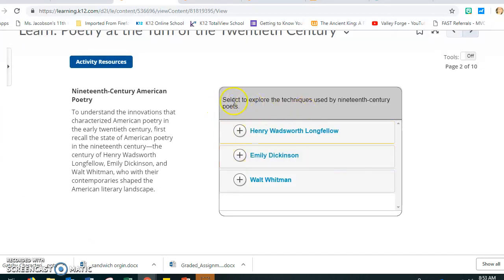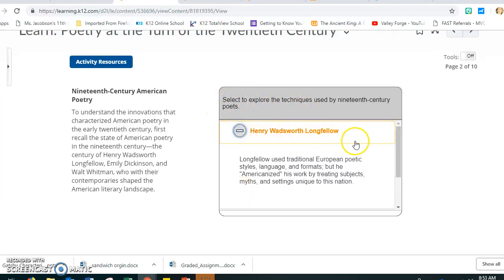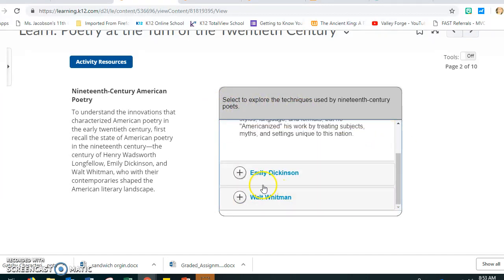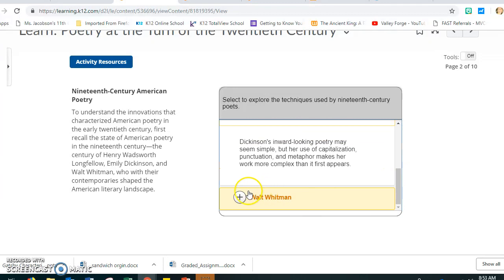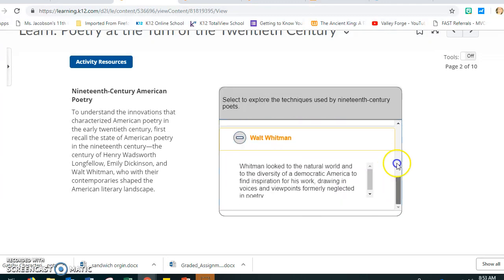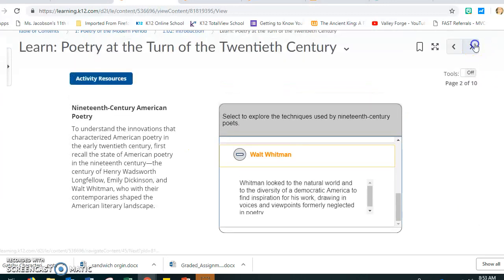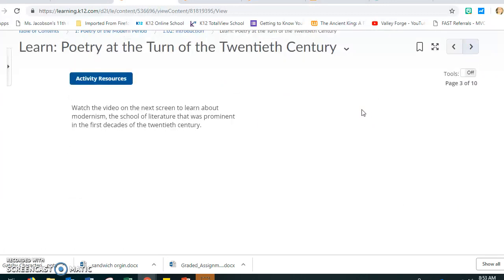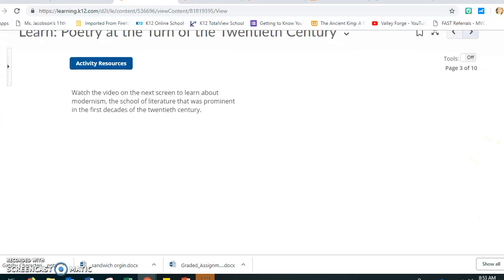Okay. So make sure that you're clicking through when you see multiple parts coming up on the screen. We're on page 2 of 10 here. There's a video that's going to pop up here.